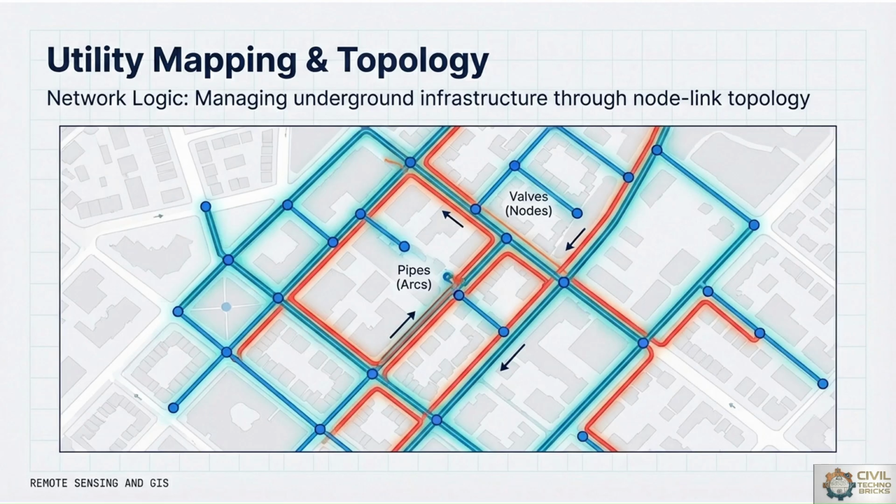If a water main or water pipeline breaks, the GIS can instantly identify which valves need to be closed and which customers will be affected. Significantly, this reduces emergency response time. This digital management of invisible infrastructure is what makes a city truly smart and resilient.